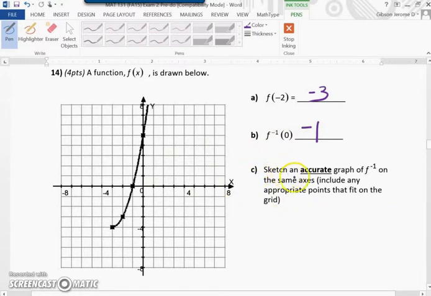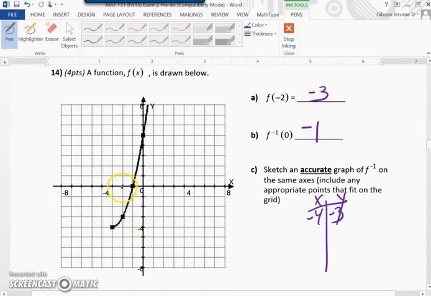Okay, now C. It says sketch an accurate graph of the inverse of f on the same axis. Look, this is what you could do to make this a little easier. Just draw a chart, and then we write each point in its opposite order. Like here, this would be negative 3, negative 4, so we write negative 4, negative 3.